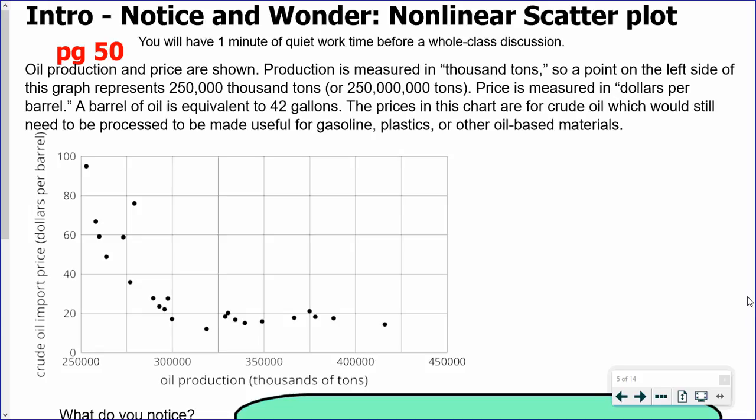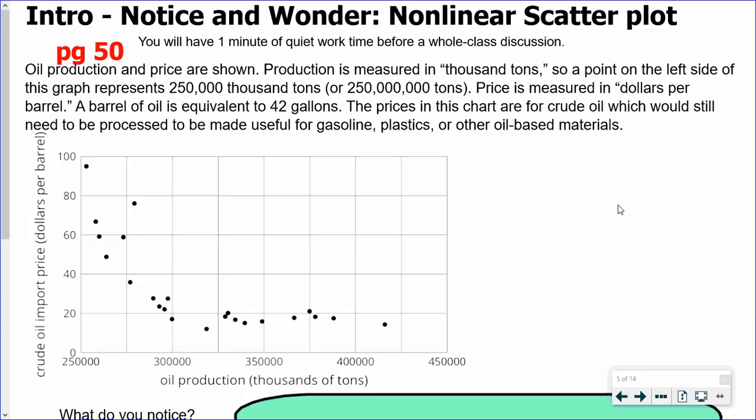Oil production is measured in 1,000 tons, so a point on the left side of this graph represents 250,000 tons. Price is measured in dollars per barrel. A barrel of oil is equivalent to 42 gallons. The prices in this chart are for crude oil, which would still need to be processed to be made useful for gasoline, plastics, or other oil-based materials.